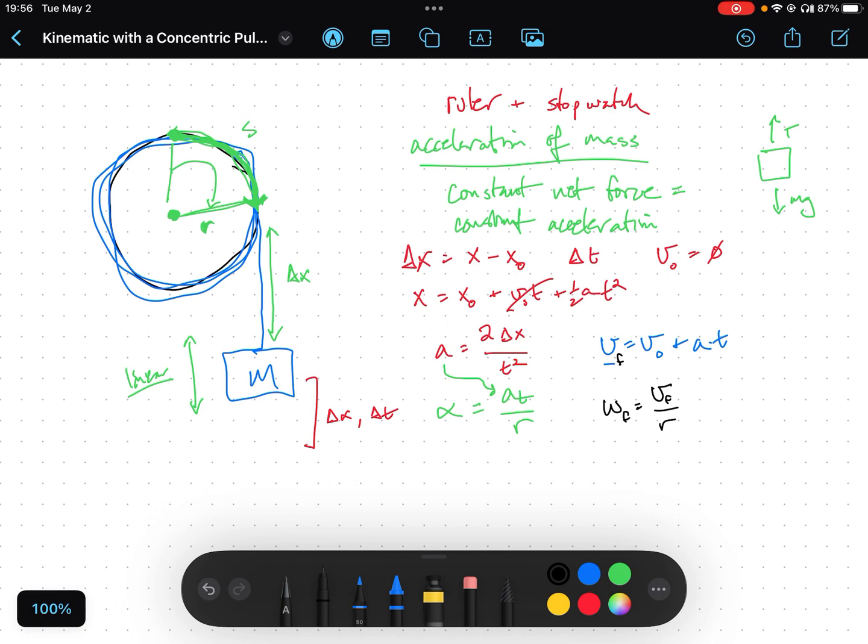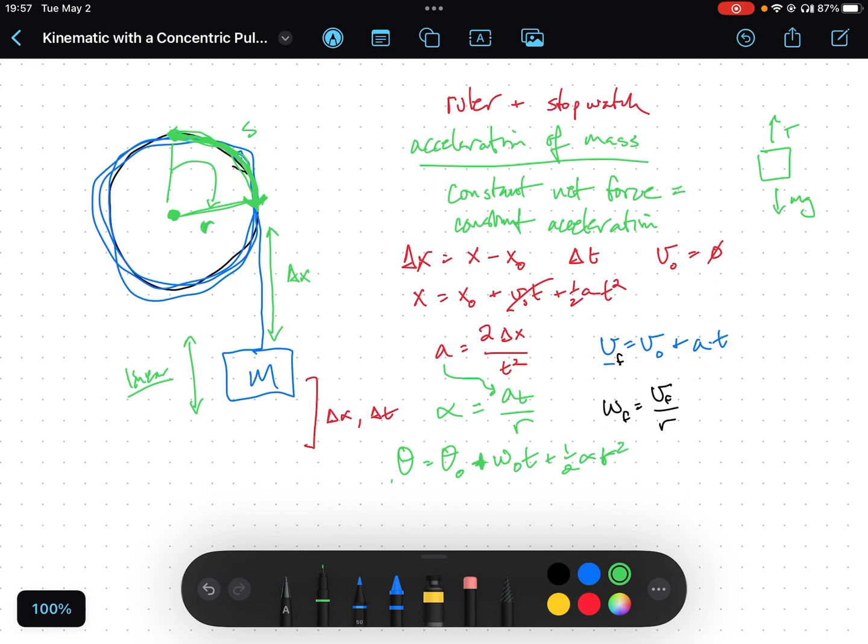And some of you did this in different ways. Some of you looked at the angular acceleration and you used angular displacement. You realized that we have an equivalent kinematic equation that we could use for angular motion, and you absolutely could have done that.